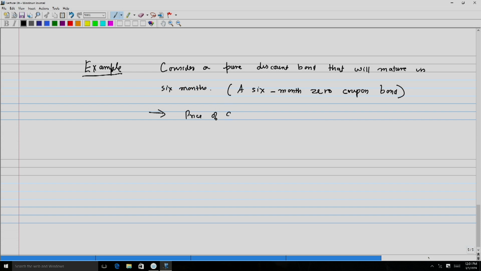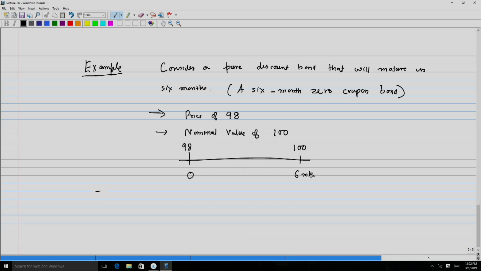It has a price of 98 and a nominal value of 100. This means that today at time t equal to 0, the price of the bond is 98 and at the end of 6 months you receive an amount of 100, which is your nominal value.